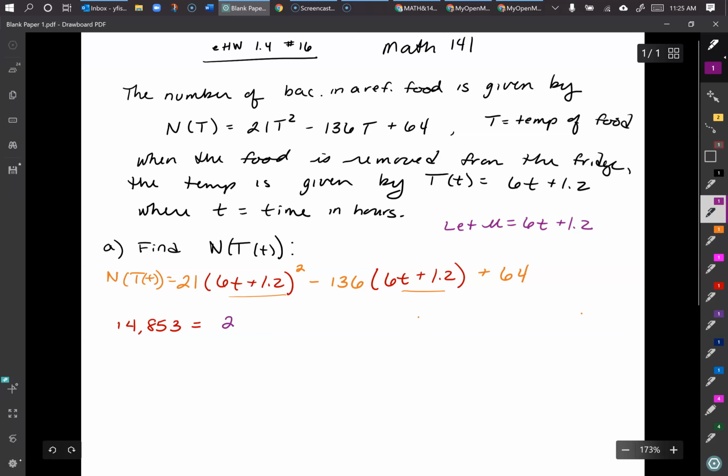So I would have 21u squared, and it's going to look like a typical quadratic without the expression, like when we have the t in there. It would be easier to work with. So we are going to set this equal to 0 first, so we subtract the 14,853 from both sides.